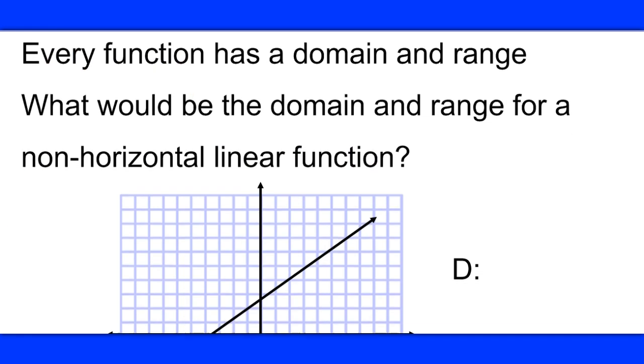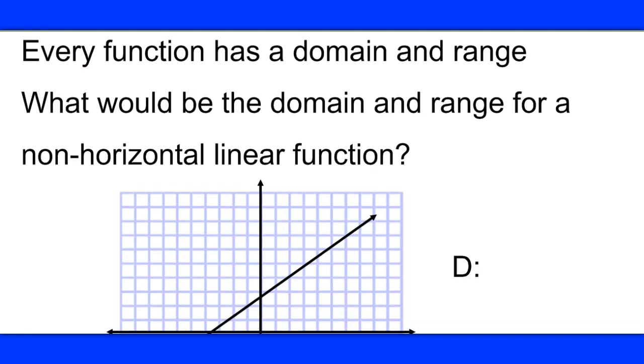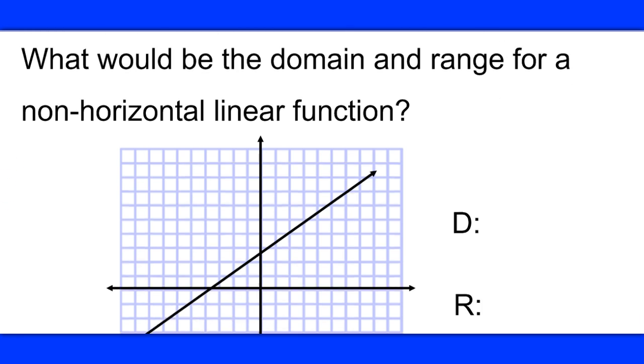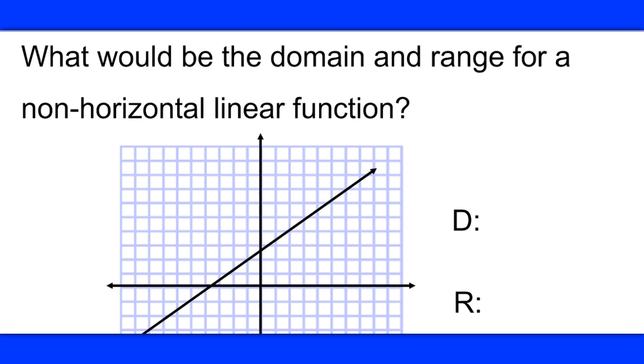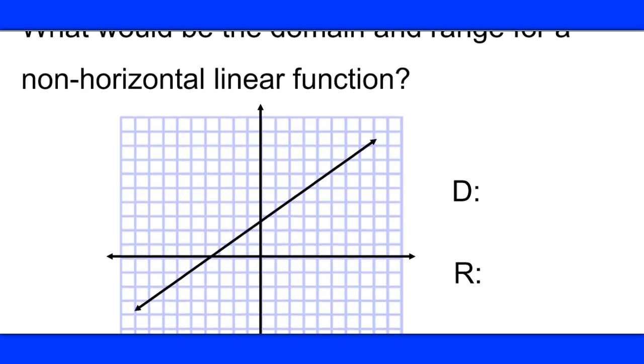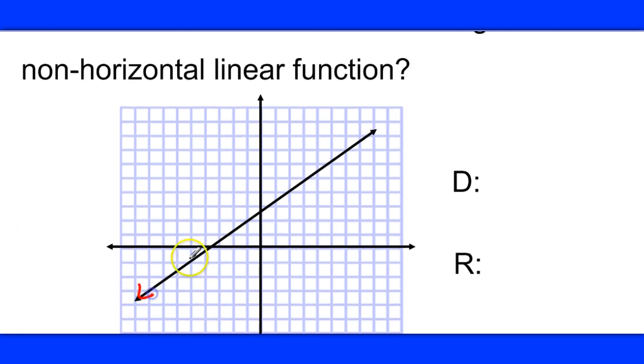Every function has a domain and a range. So what would the domain and range be for a non-horizontal linear function? You'll notice that these have little arrows on the end here, which means they go out forever.